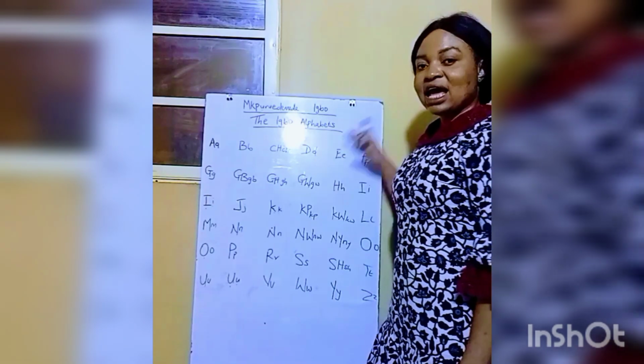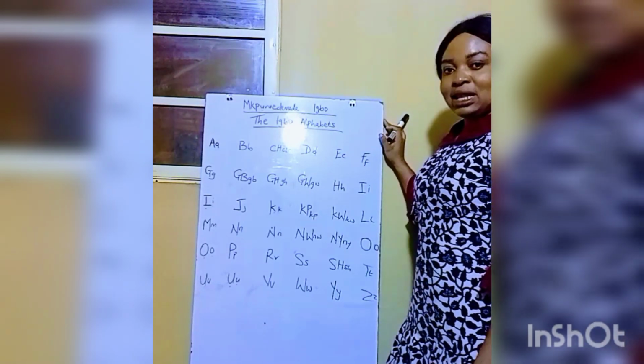So these are the alphabets of the Igbo language.